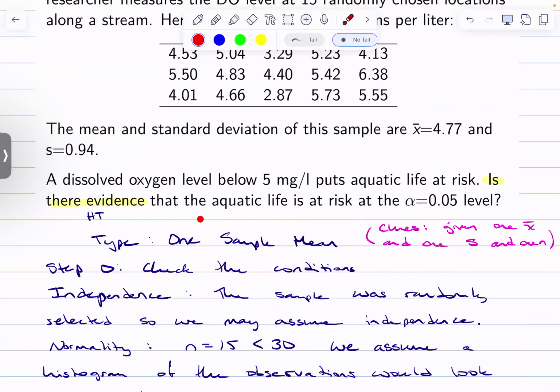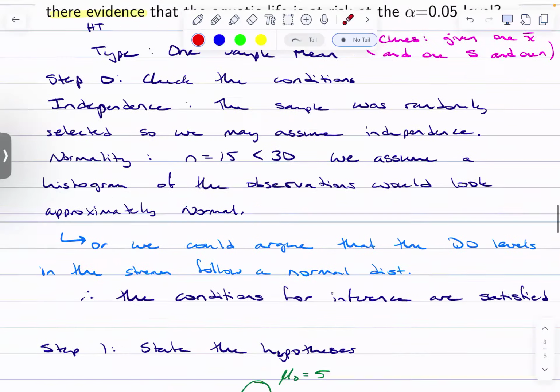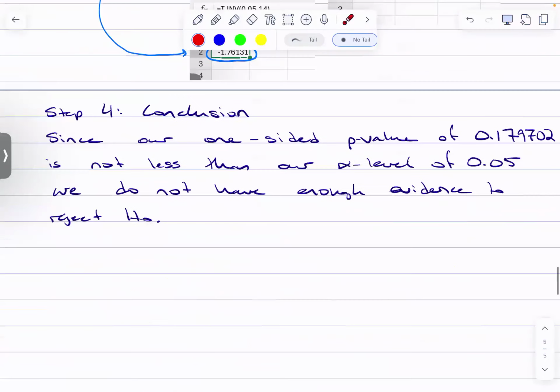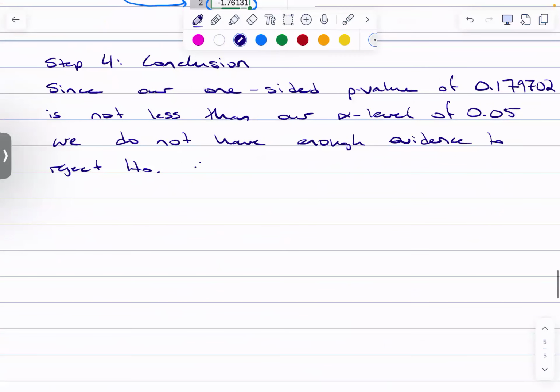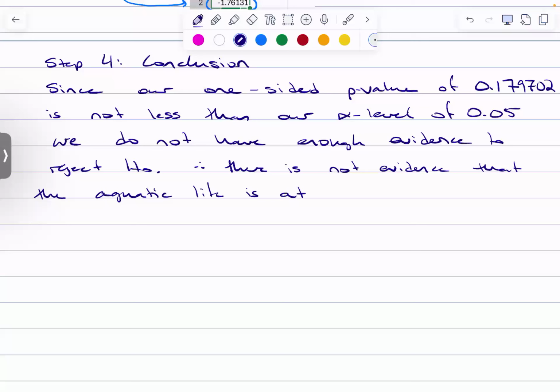No, there is not evidence that the aquatic life is at risk. Therefore, there is not evidence that the aquatic life is at risk.